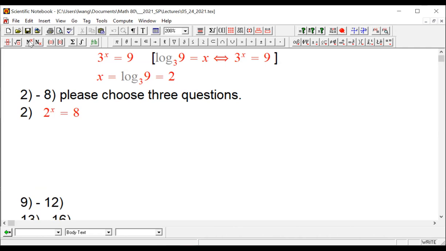Yep. Very good job, Alan. Excellent. Because 8 is equal to 2 to the power 3. So that answer, you can do it in different ways. Which way did you do it, Alan? By definition or by intuition?